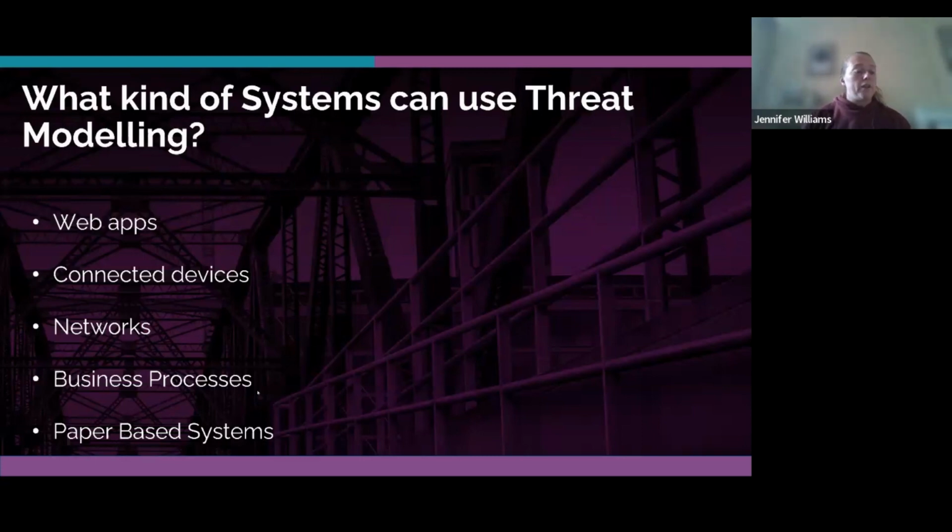So if you're in a business that handles a lot of sensitive data, you're going to want to be really careful about who you're hiring into the business. So you may choose to also threat model your business processes, not just your technology, infrastructure and paper-based activities.